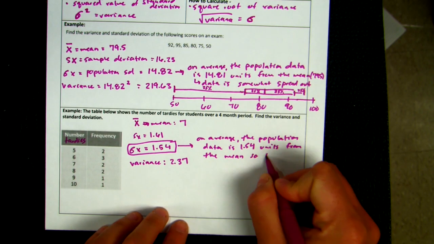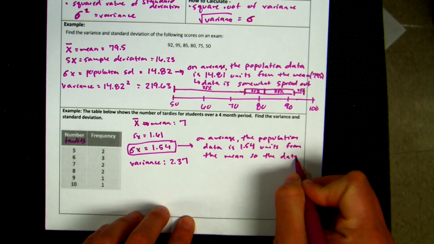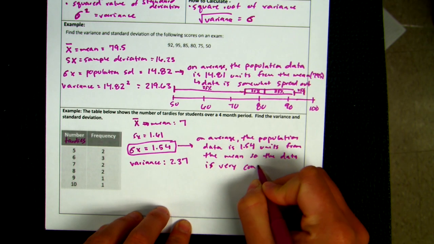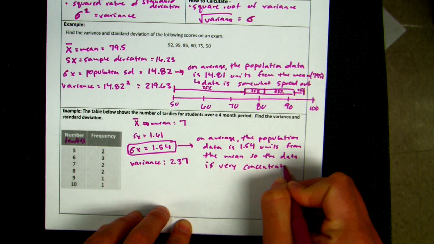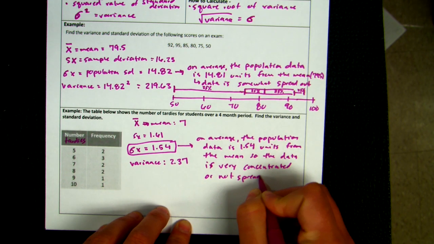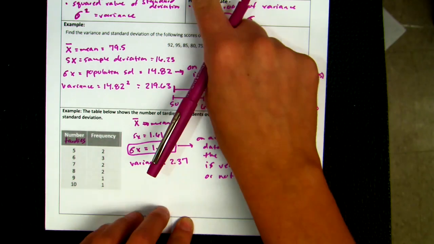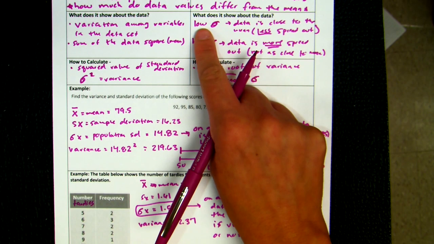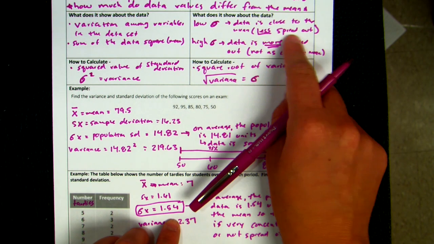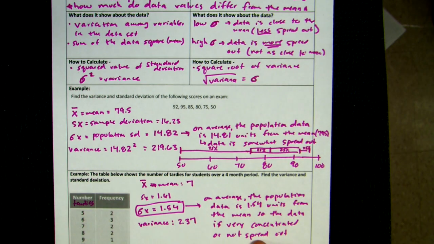So the data is very concentrated or not spread out. Remember, because a low standard deviation, like 1.54, means the data is less spread out. So it is more concentrated.